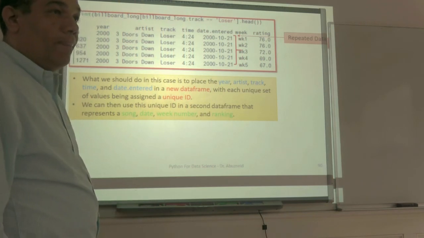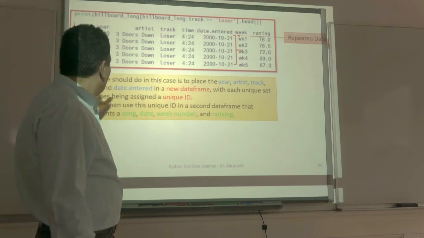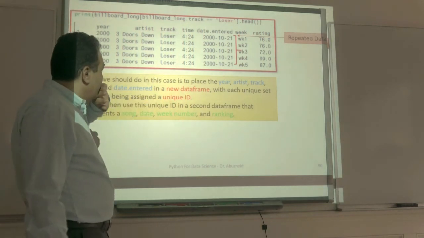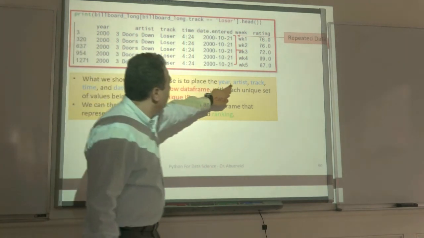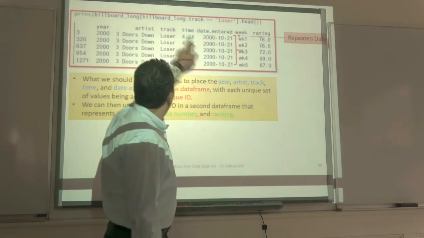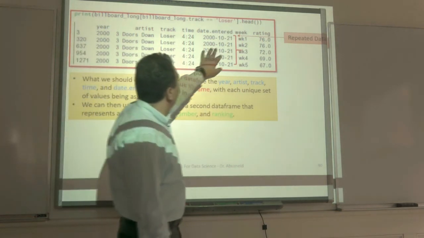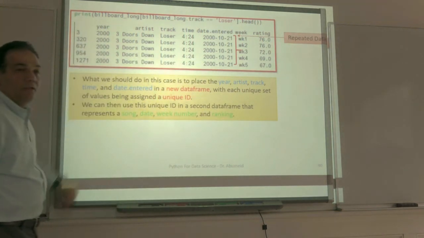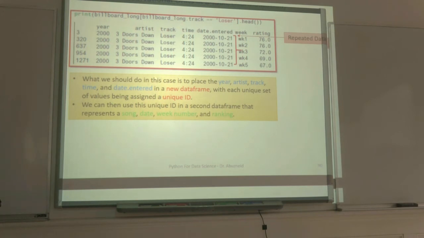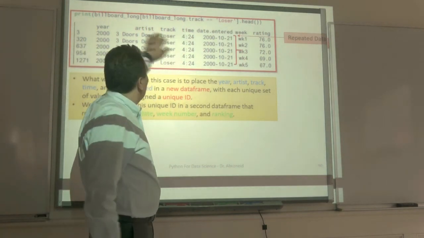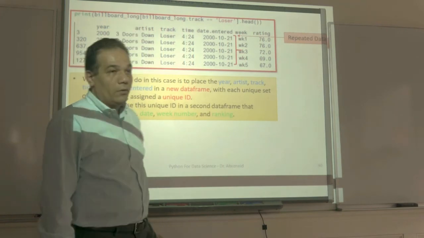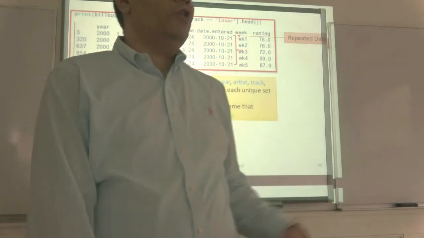You agree? So what we should do in this case is to take the year, artist, track, time, and put all of these in one data frame, creating a new data frame with each unique ID. So you create a data frame, and you give a unique ID for each movie, for example.